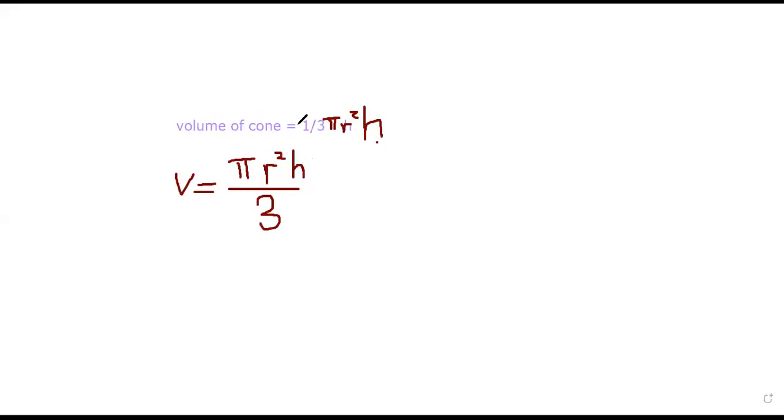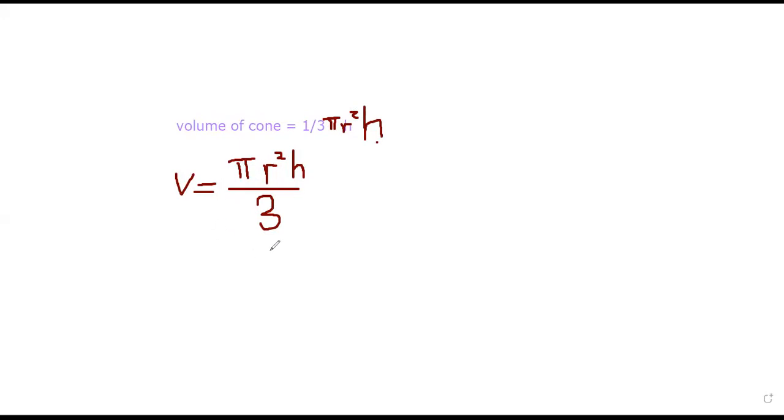Then we can write one third, or we can write pi r squared times height over 3. If you want to calculate the volume, then you will use the formula directly.